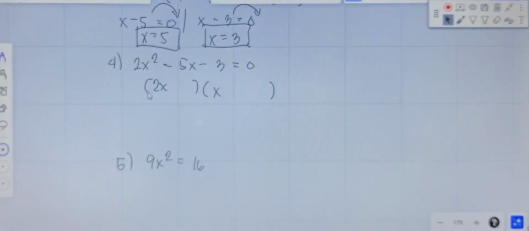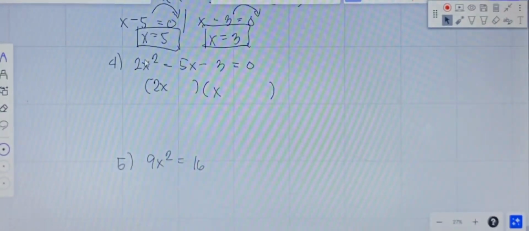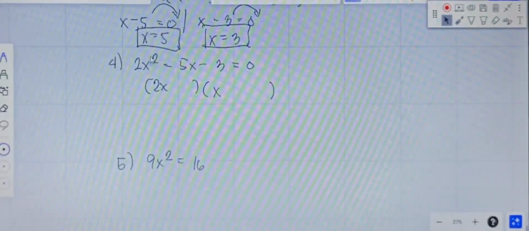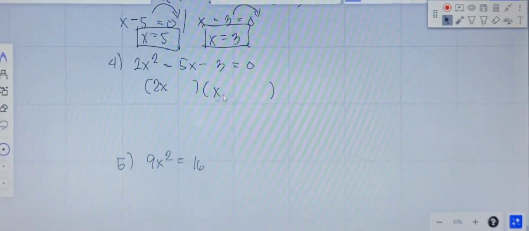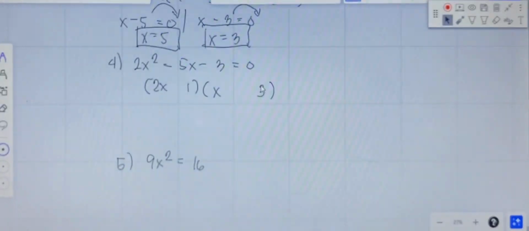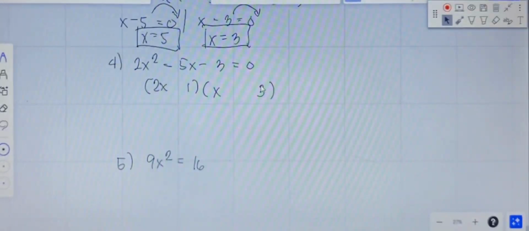These are the factors of 2x squared. Now, what are the factors of 3? Of course, we have 1 and 3, or 3 and 1, or negative 1 and negative 3. It depends on the middle part. Since the last term is negative, one of them is negative, the other one is positive.